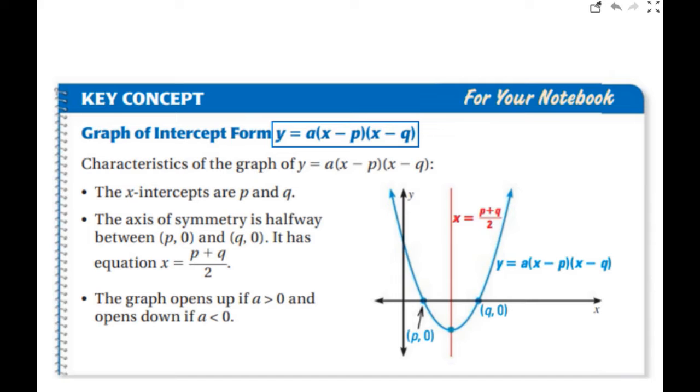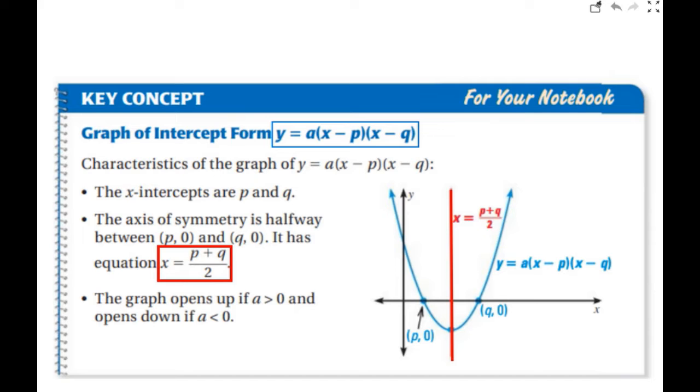Now, how do we get the axis of symmetry? The axis of symmetry is the line that intersects the graph and divides the graph into two equal halves. Because it's a straight vertical line, its equation is given by x equals something. The formula for that is x equals (p plus q) over 2.